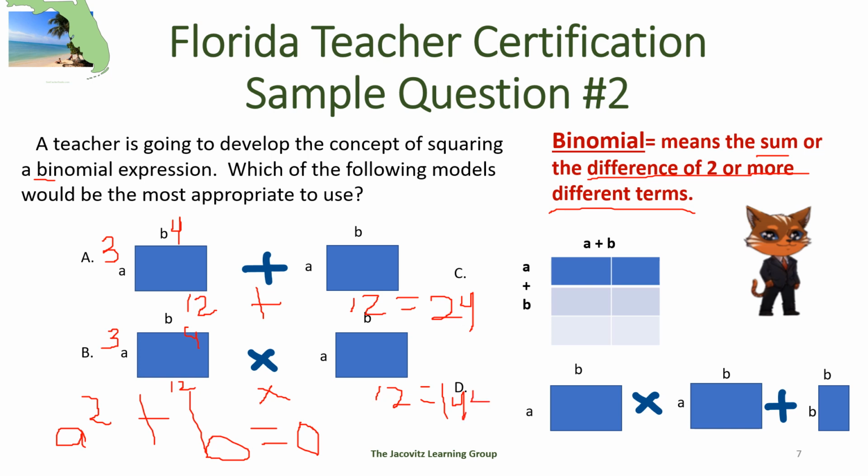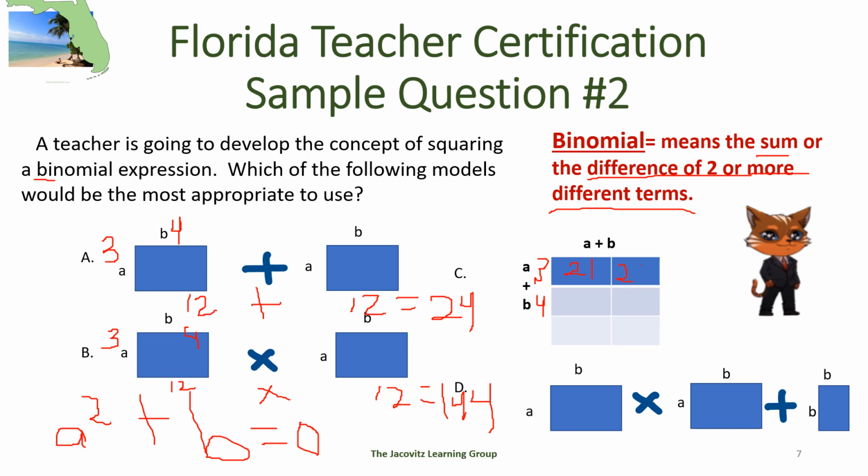You should already be looking at C because this is set up as a matrix. Let's keep the numbers the same, 3 and 4. So 3 plus 4 is 7, times 3 would be 21, and 7 times 4 would be 28.